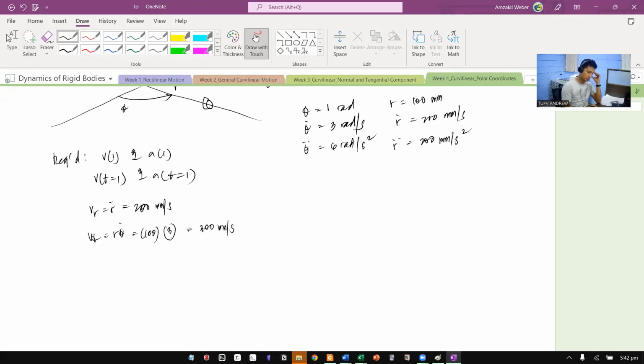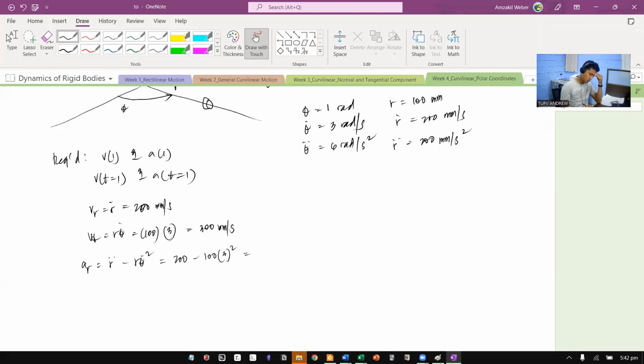Let's go to acceleration. A_R is R double dot minus R theta dot squared. R double dot is 200 minus R, which is 100, times theta dot, which is 3 squared, which is 9.